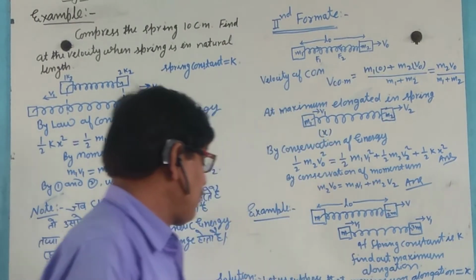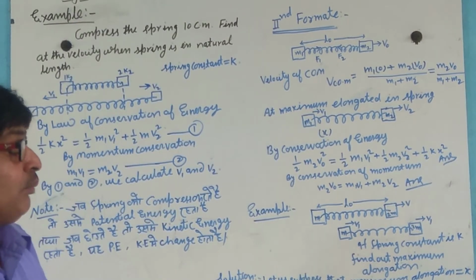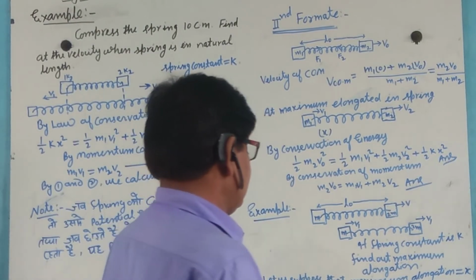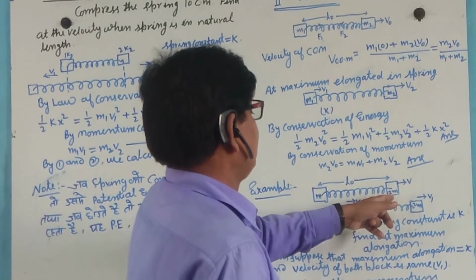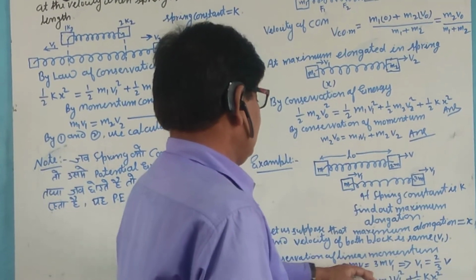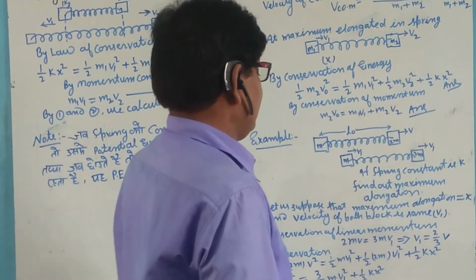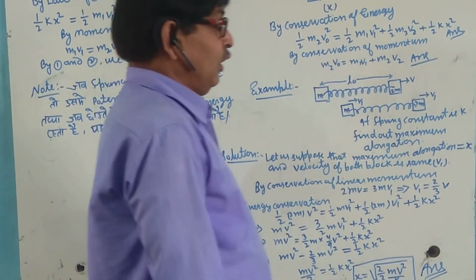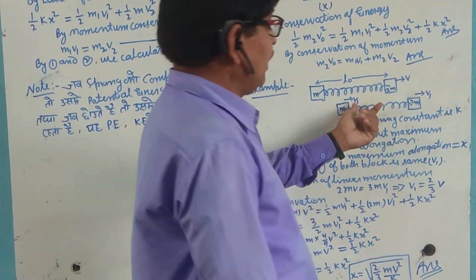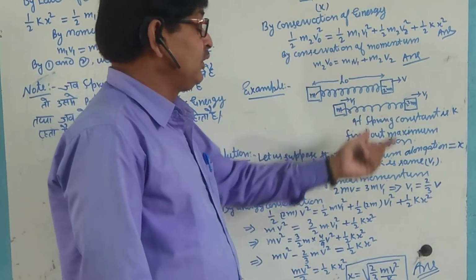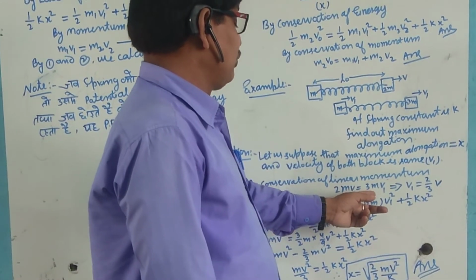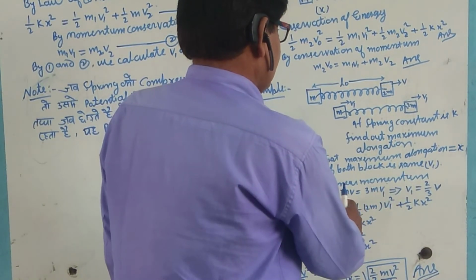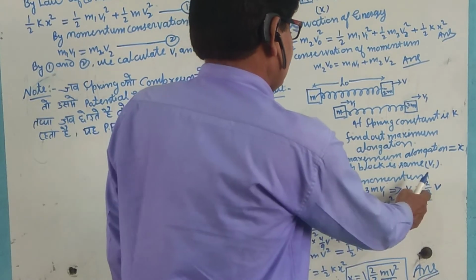So by conservation of linear momentum, the initial momentum is 2m v, equal to the total mass 3m forming a system with velocity v1, because we have to assume the velocity is the same. So 3m v1, which means v1 equals 2 by 3 v, m cancels.